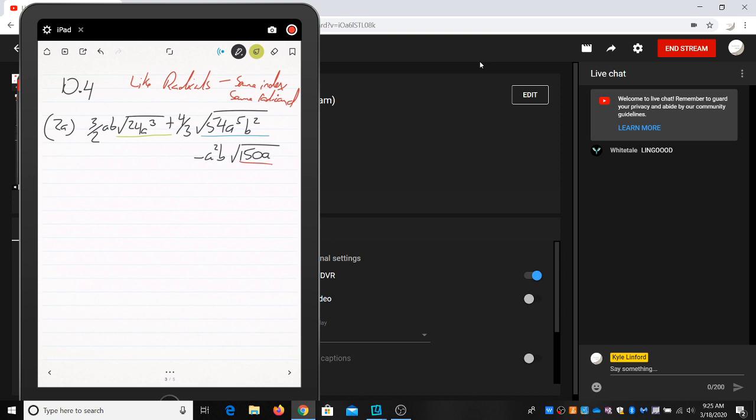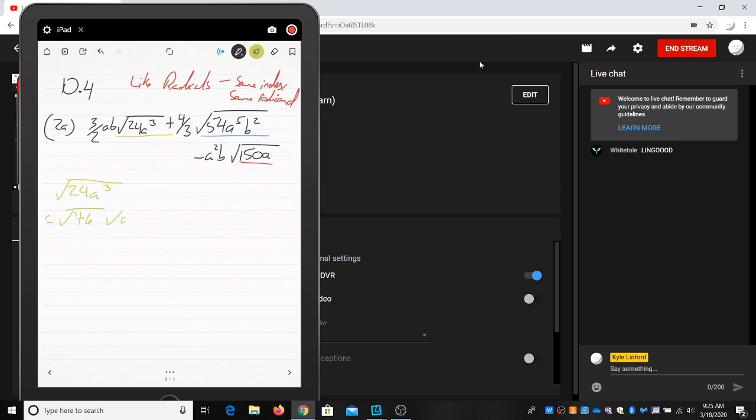So I'm going to do the square root of 24a cubed in green. I'm going to do that to the side here. All right, the square root of 24a cubed. You know what, I haven't used the first method we went over for simplifying radicals, so why don't I try that one as opposed to the prime factor decomposition. Let's see, 24 has factors of 4 and 6.